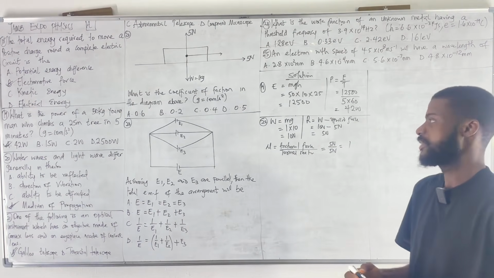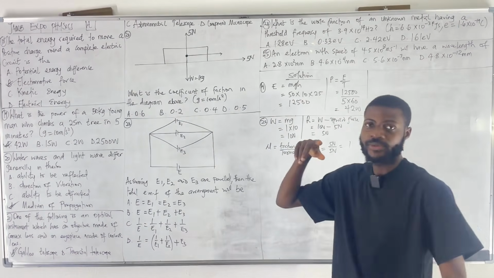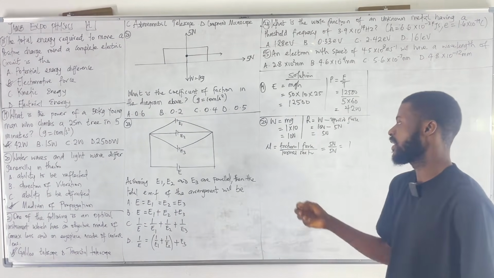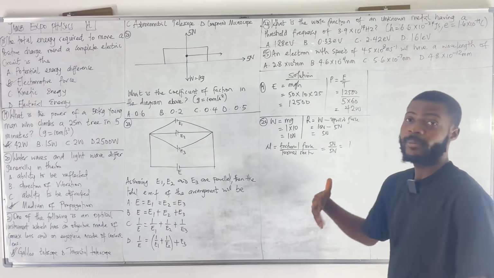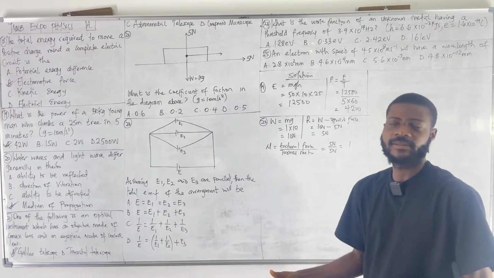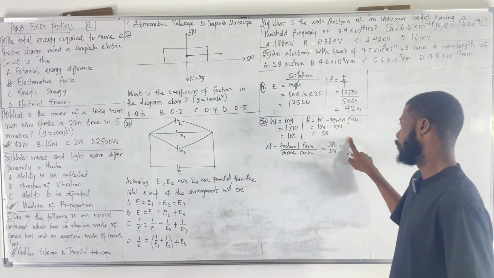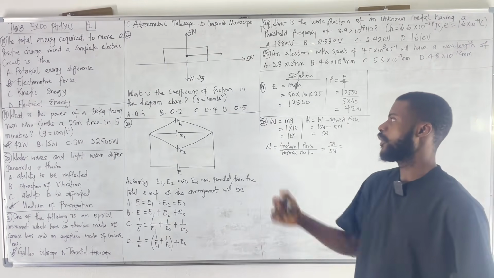Now that in itself is a problem because apart from the fact that 1 is not in the option, it is almost impossible to get a coefficient of friction as a number greater than 1 or that gets up to 1. It's always in the 0 point something. So this should not be 1, and in fact, there's no 1 in the option.